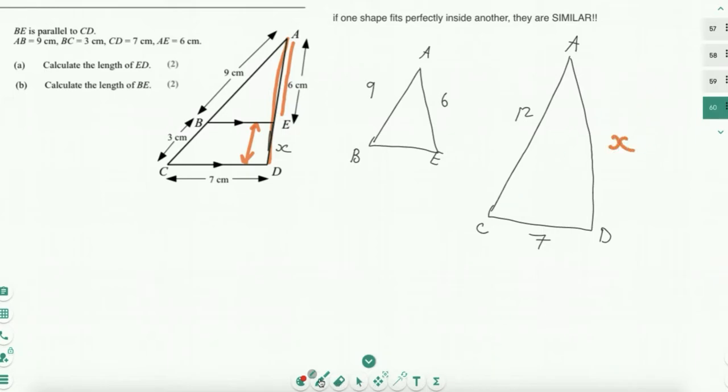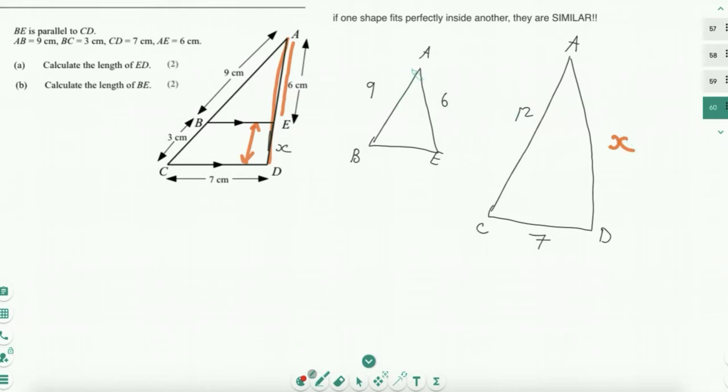Since we know that this small triangle fits perfectly into the big triangle, they're similar, so all the corresponding sides have the same scale factor. These two sides have the same scale factor as these two sides, which have the same scale factor as these two sides.